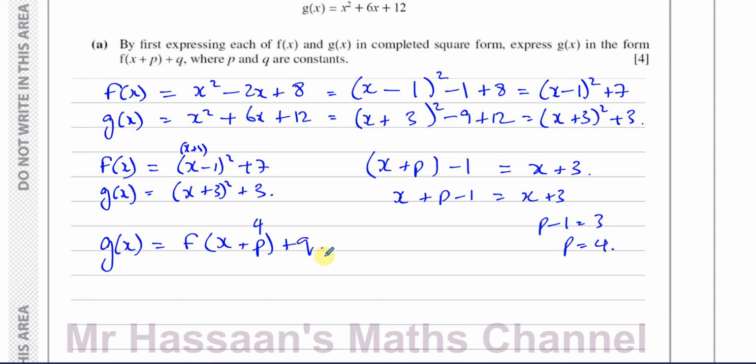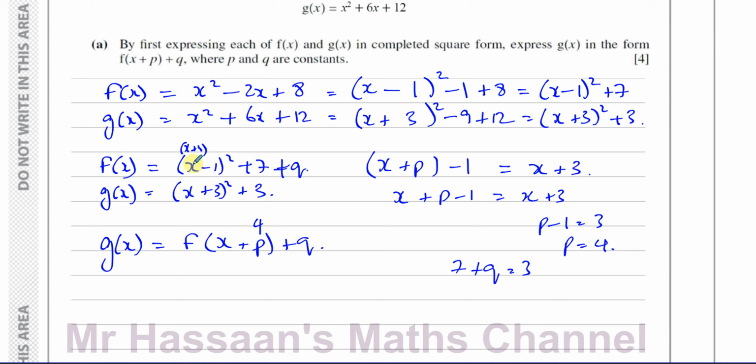I know that 7 plus q has to become 3, so q has to be negative 4. When you have something like f of x plus p plus q, you have to replace the x with whatever is in the bracket.